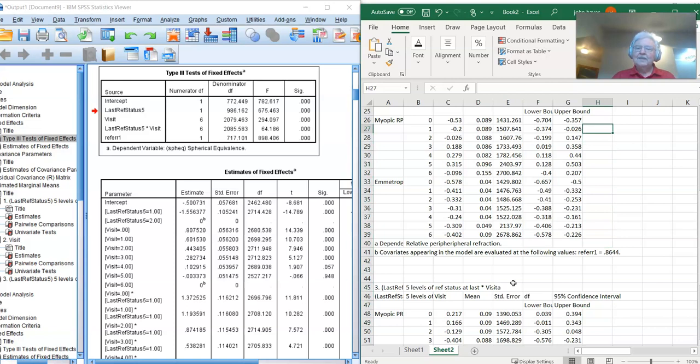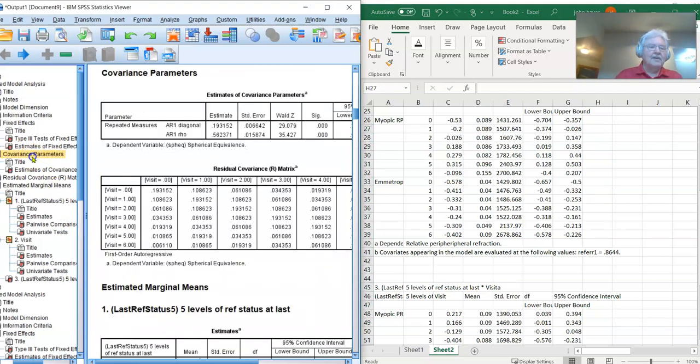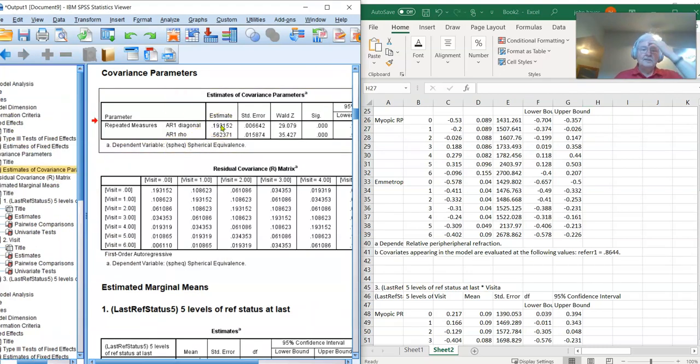Okay, year 1. So what's our pooled variance? Well, we go to the covariance table. We look at our estimate. Our estimate, we can actually copy this guy, and let's put him down here.